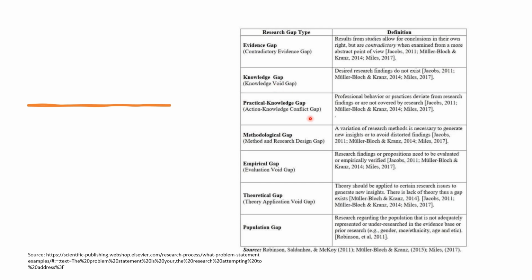Another research gap is the practical knowledge gap. This happens when professional behavior or practices deviate from research findings or are not covered by research. This is prevalent, for example, for researchers who are also exposed in the field, in the professions where their research is connected.